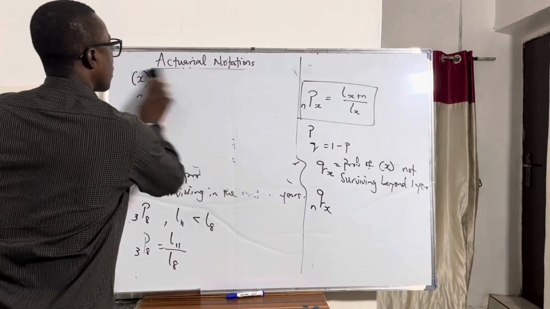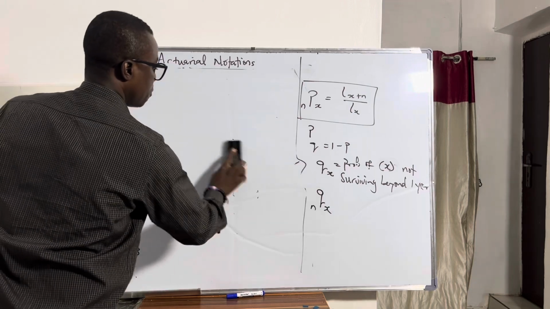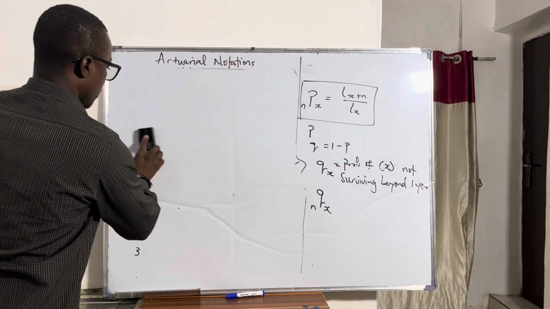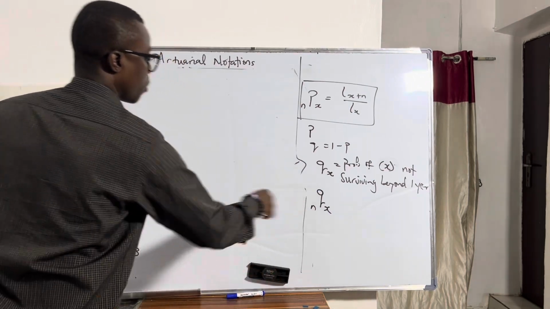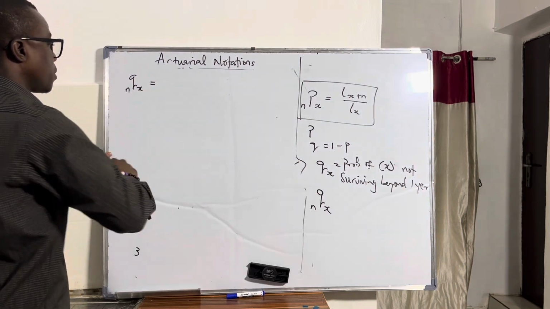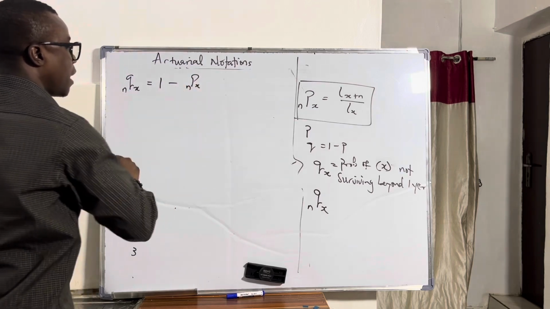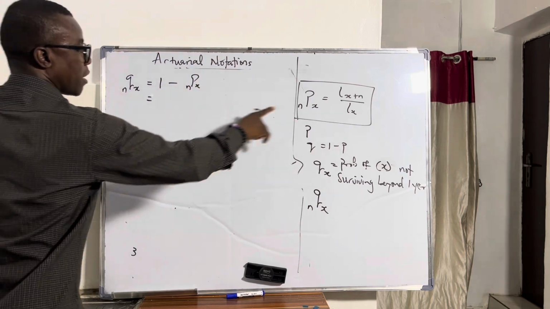So let's see how we're going to get the other notations. So we have this, that is q x n. Remember I said this will be the same as 1 minus p x n. And then we have that p x n is equal to this.